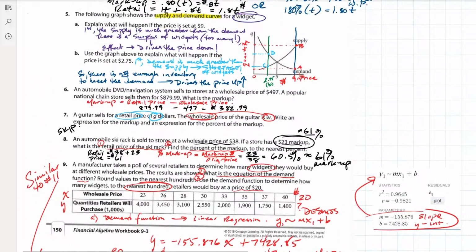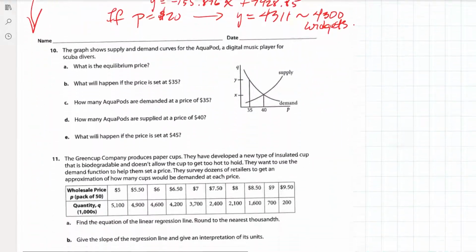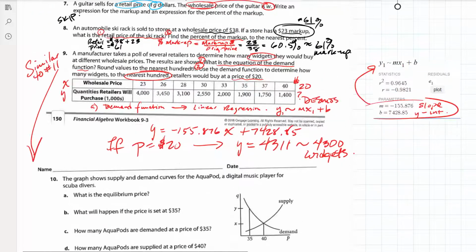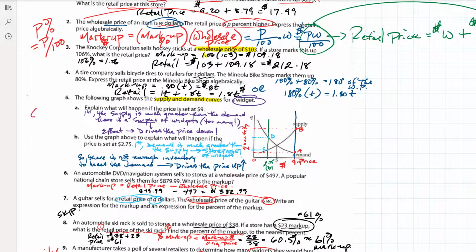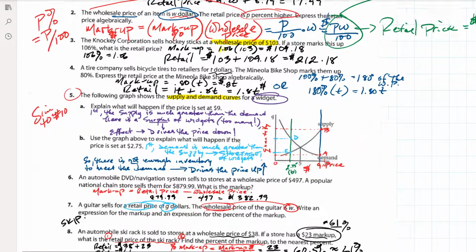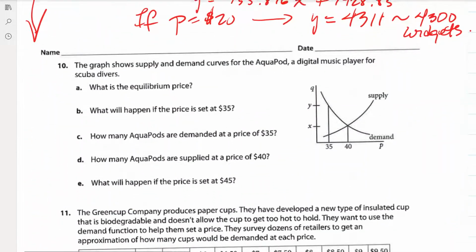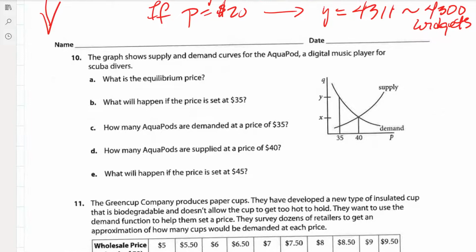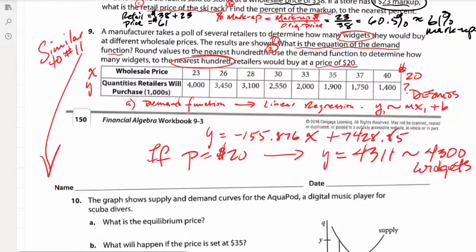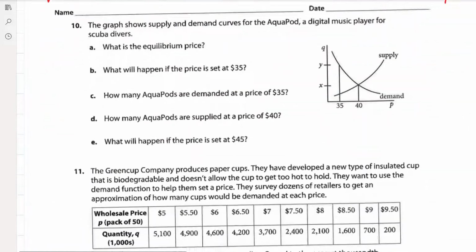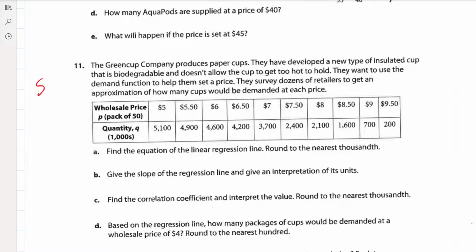And then number 5 and 10 are similar. Let's go back up to number 5. This is similar to number 10. So use what I talked about in number 5 to help you out with number 10, because it's another supply and demand curve problem. And use what I talked about in number 9 to help you out with number 11.